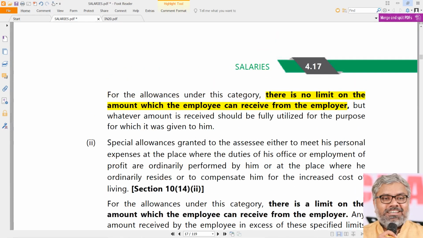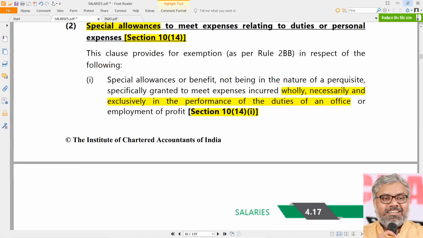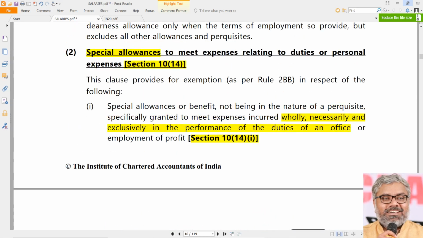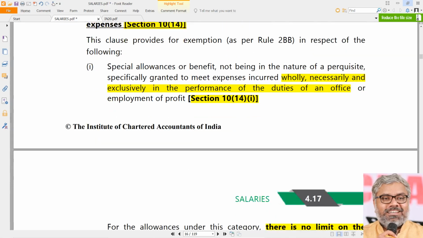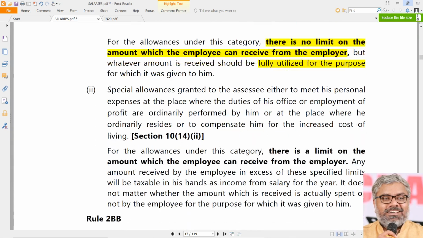When he is using it for office purposes, that can be exempted only if it is fully utilized for the purpose for which it is given to the employee. So that is one category of special allowances. We can call them allowances given to the employees to meet expenses in the performance of duties. Okay, that is first category.